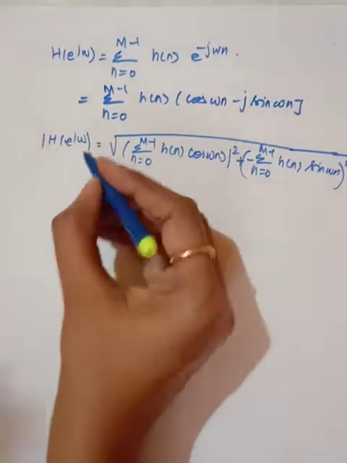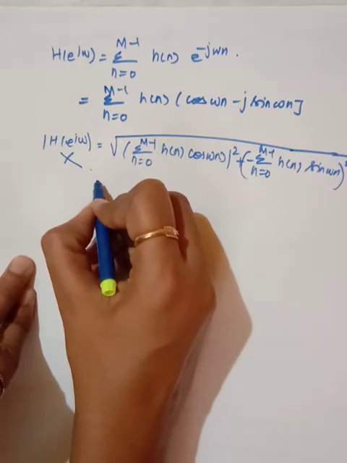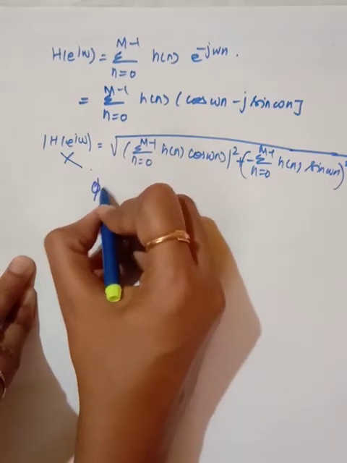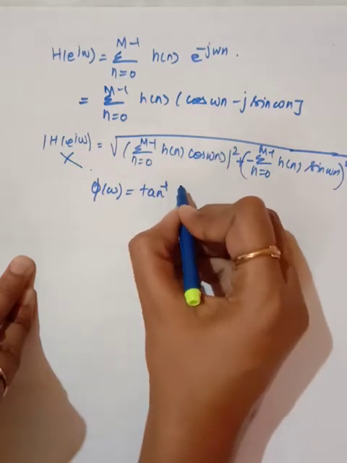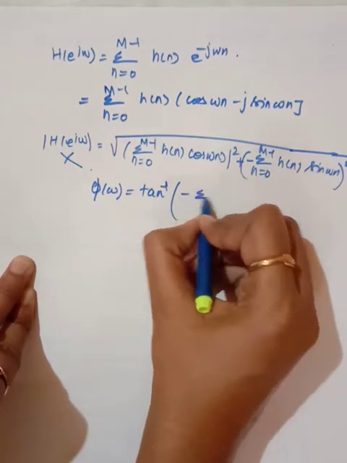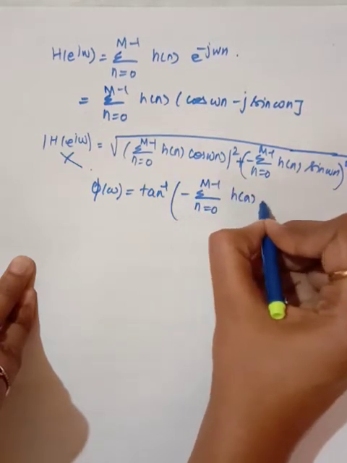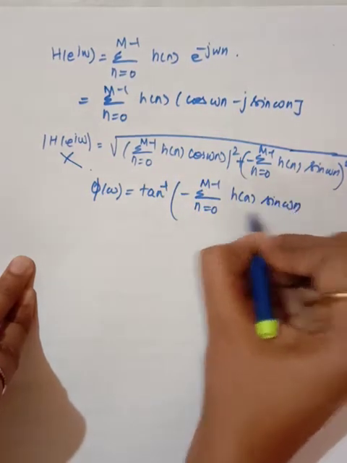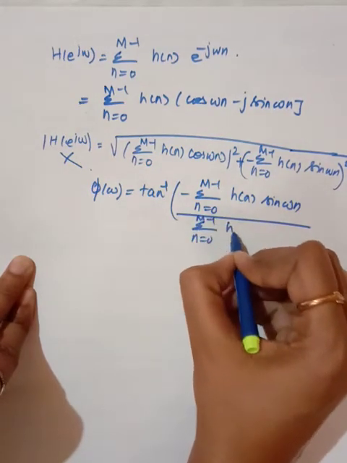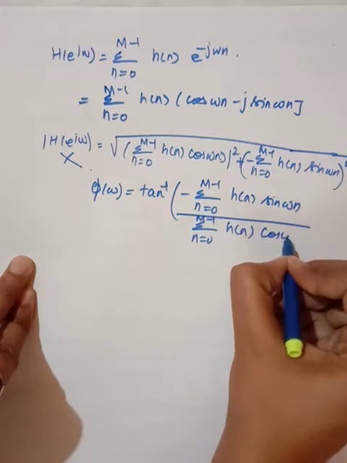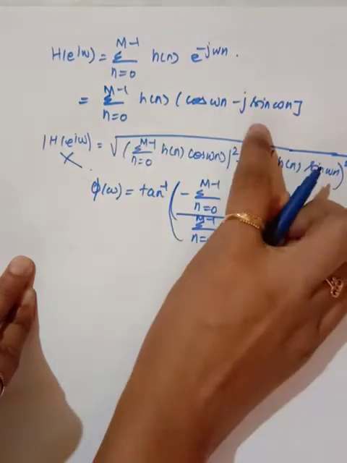We are not going to concentrate on the magnitude part. In order to have a linear phase, we concentrate only on the phase part, which is tan inverse of imaginary part by real part: the summation of h of n sin omega n divided by the summation of h of n cos omega n. This is the phase value obtained from this equation.